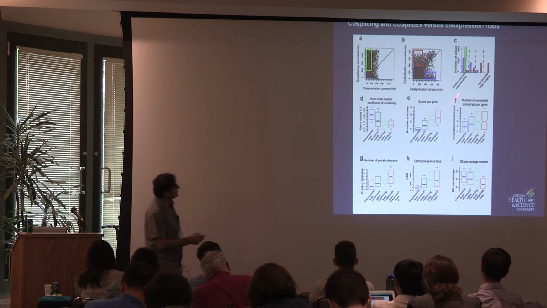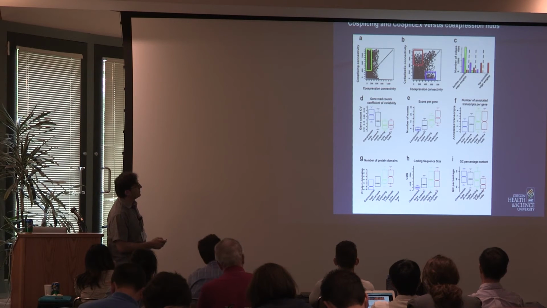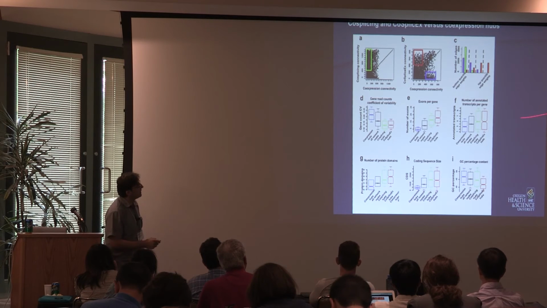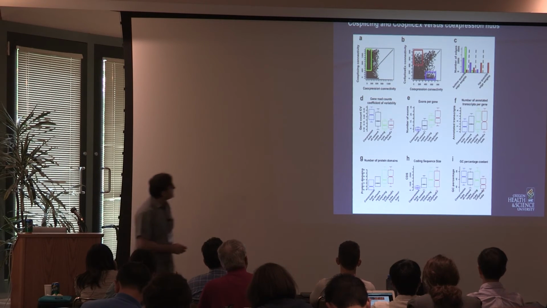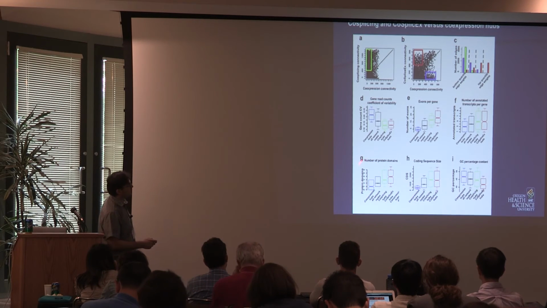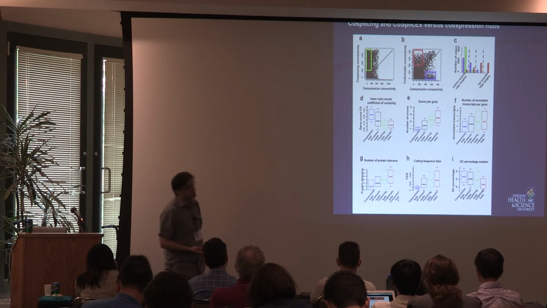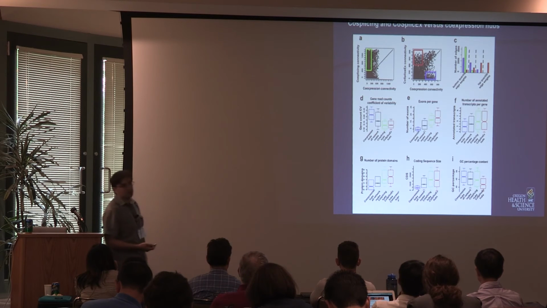So exons per gene. It turns out that the co-splicing hubs are basically very long genes with a lot of exons and a lot of annotated transcripts. Also, number of protein domains. The proteins that are encoded by these genes have a lot of domains, so that means that they are presumably capable of interacting with many other genes.